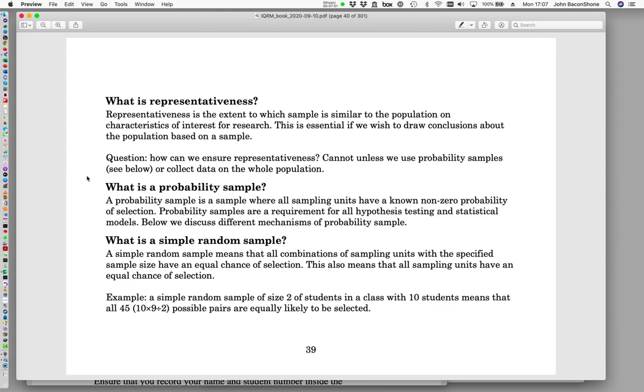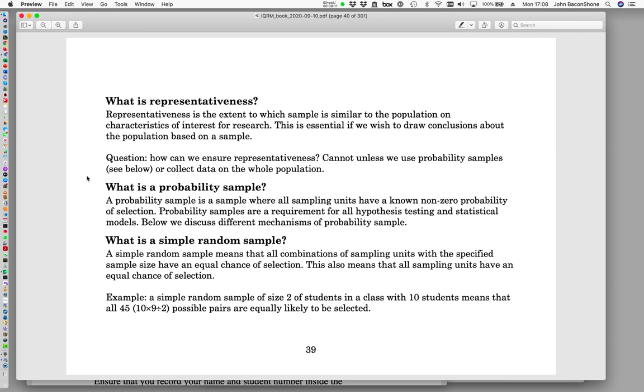Okay, so now we come to a core concept, representativeness. So what's representativeness? So the idea here is, when we draw a sample, we don't usually want to draw conclusions just about that sample. We want to try and draw conclusions about the whole population.